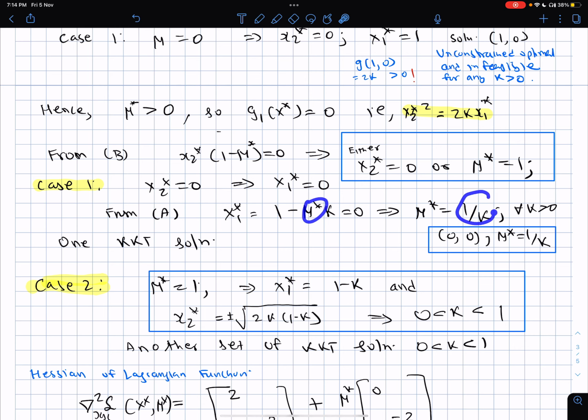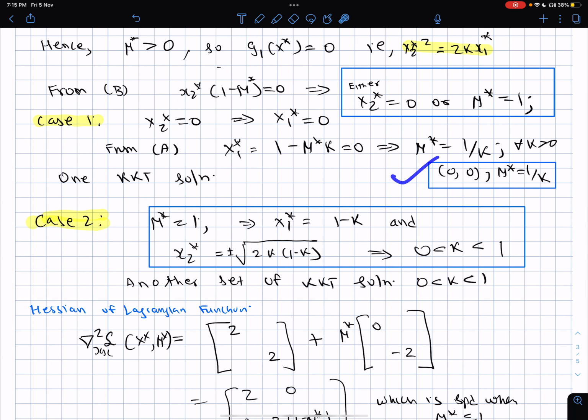The mu star now becomes reciprocal of k, which is 1 by k for all k greater than 0, which is positive very clearly. And so one KKT solution, we don't know whether it's optimal or not, but one KKT solution which meets all the necessary requirements, the stationarity requirements and the Lagrangian multiplier to be positive, is 0 0 and mu star equal to 1 by k.